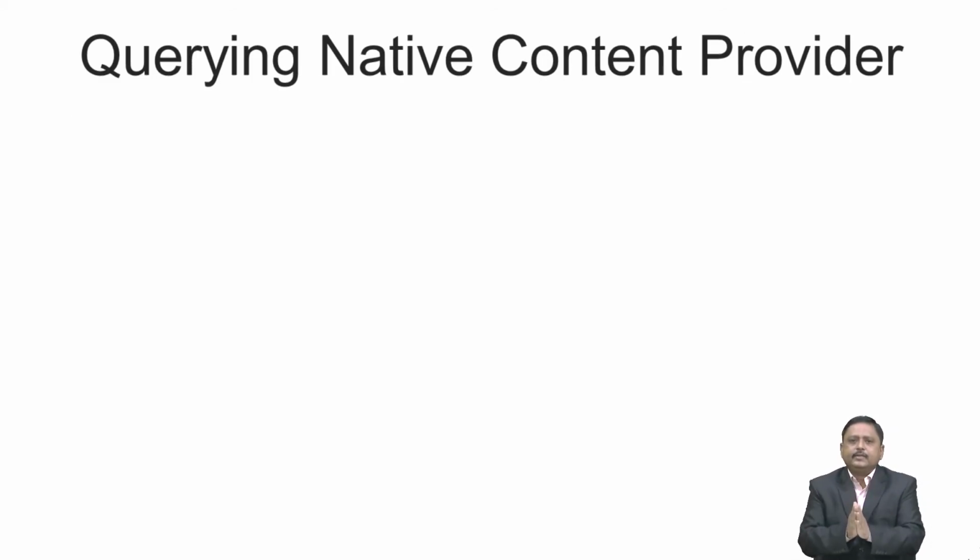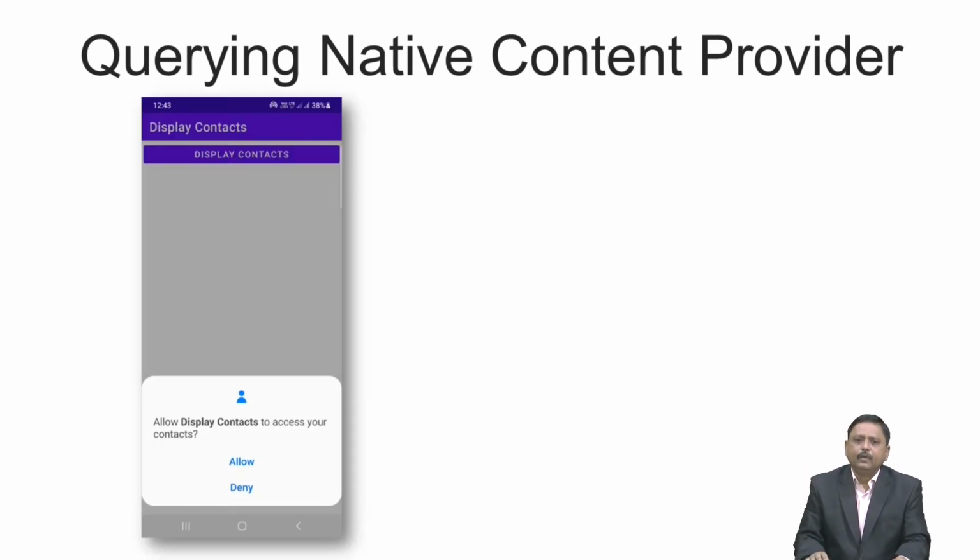Let us understand how to query a native content provider. In a similar way, you can also query your own content provider. So, we will write one demonstration to retrieve all the contacts stored on your phone. For that you require the read contacts permission. So, what we will do is, when our app starts, we will immediately request that at runtime.